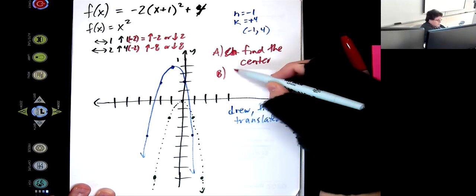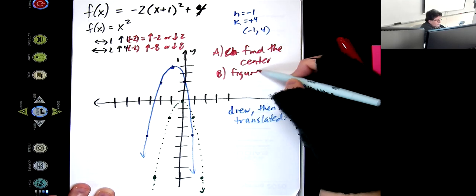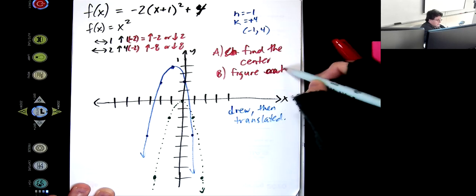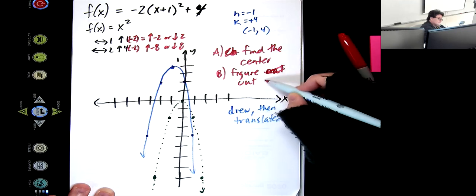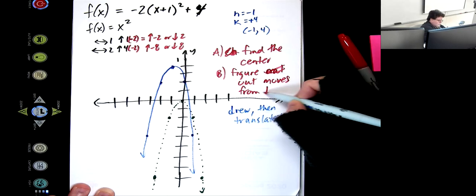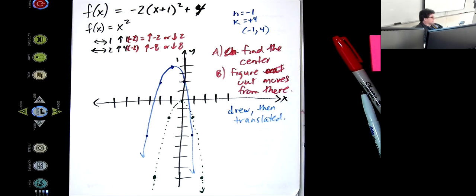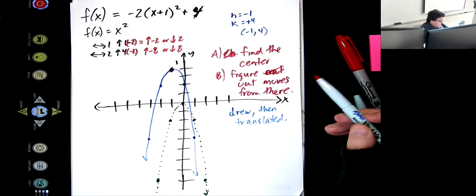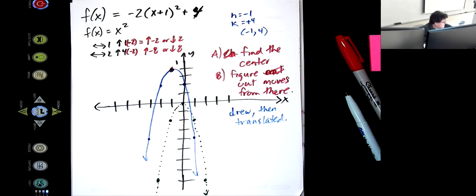Figure out the movements and go from there. So what I mean by that is I start at -1, 4, and I pretend I haven't looked at that green graph.